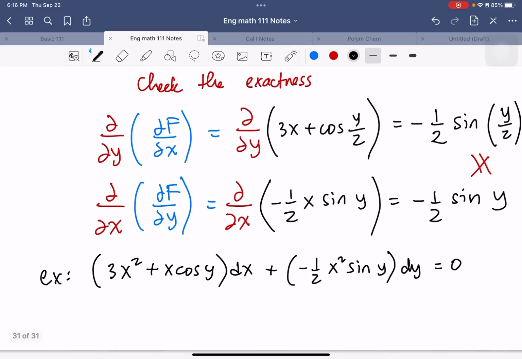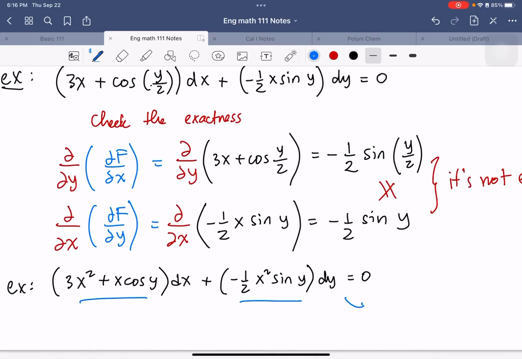You can check this by yourself. I believe you can. It will be exact equations.